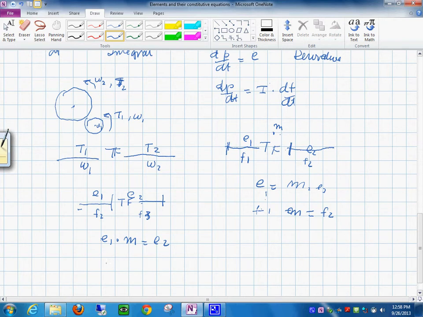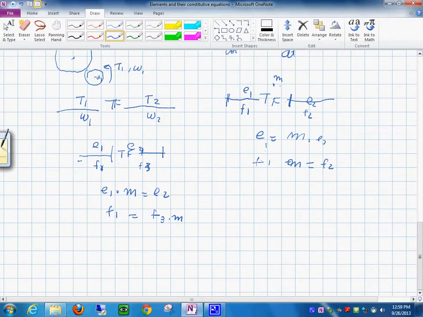This is the equation for the efforts, but for the flow, you will find that F sub 2 times M is F1. Okay, so that's the transformer element.